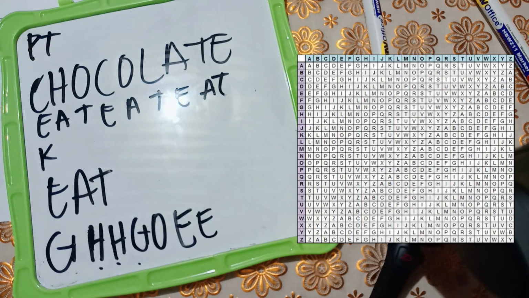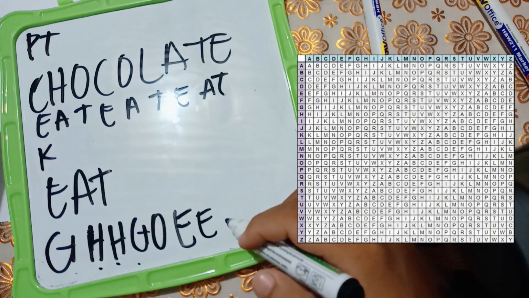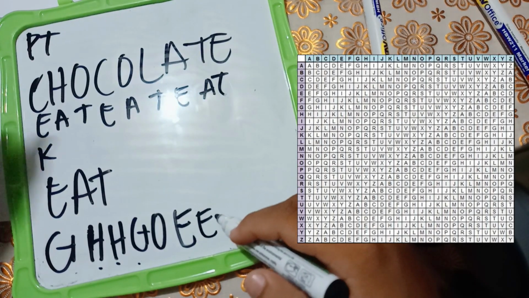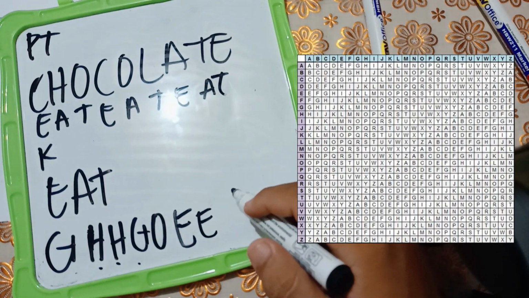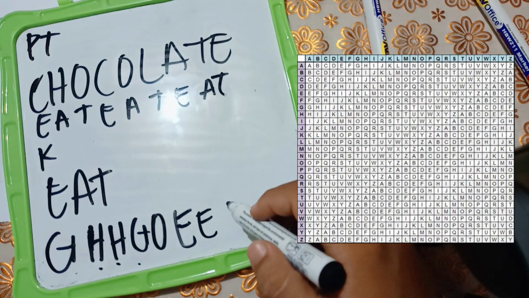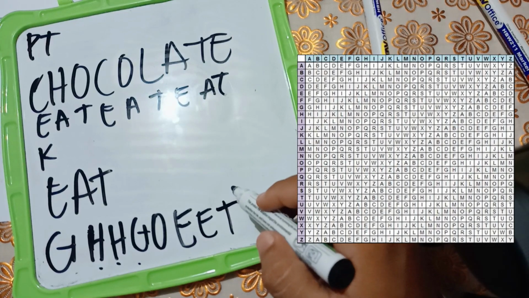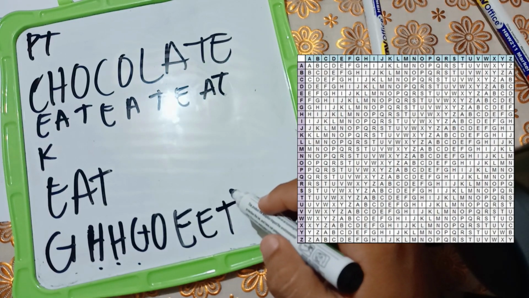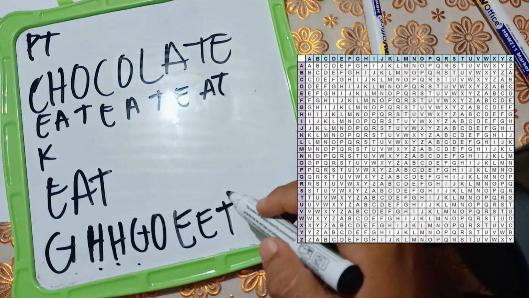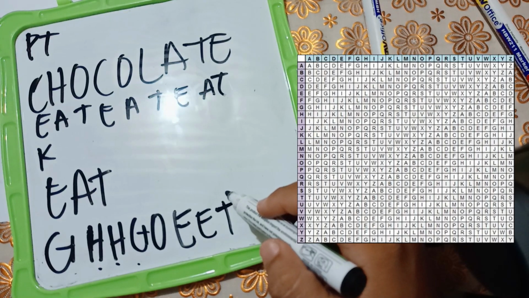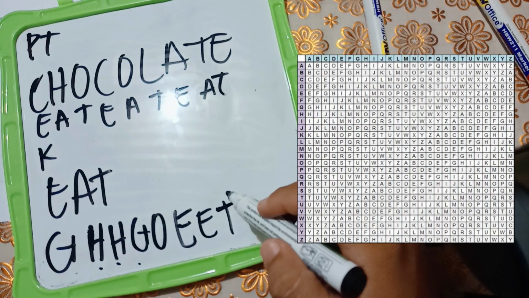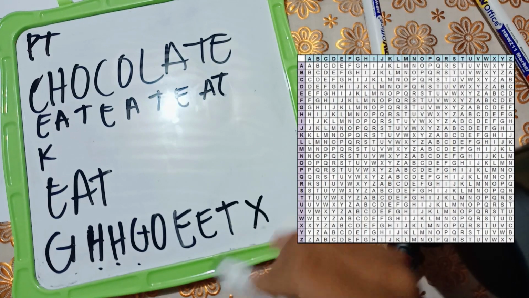Now T and A, so just T. And E and T, cross it to X. So we have X.